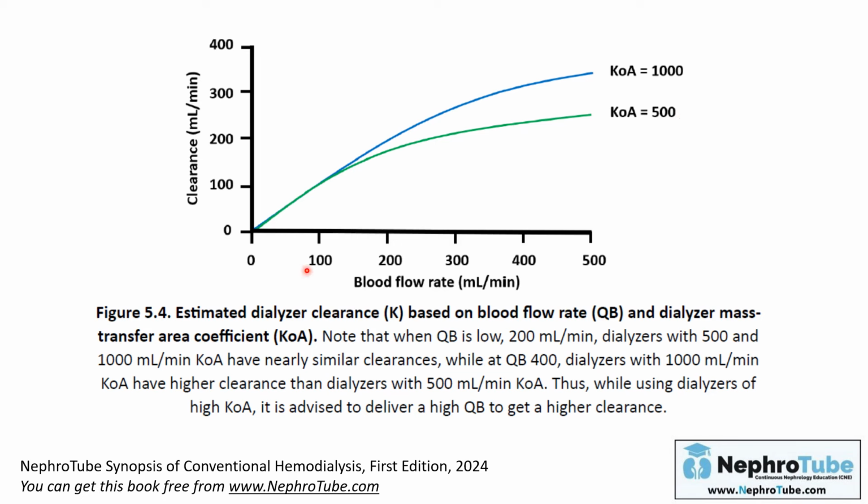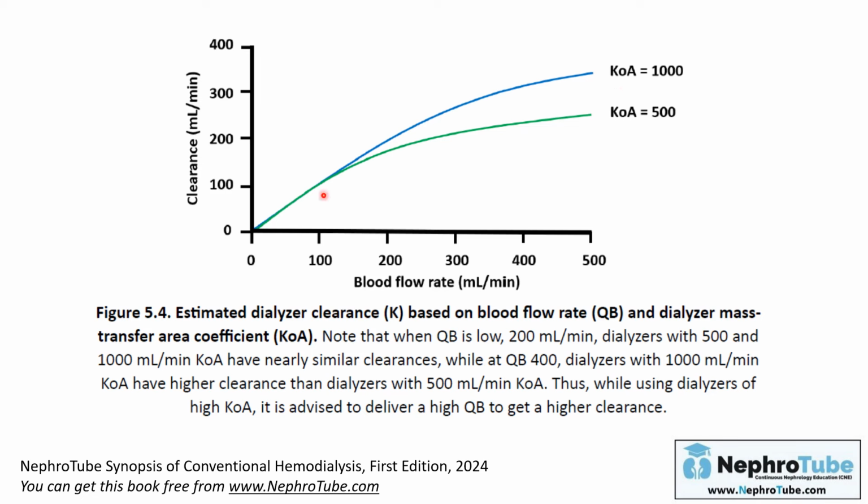In both dialyzers, you will find that with increasing the blood flow rate, the clearance will increase. But you have to know that at a blood flow rate of about 200 or 100, dialyzers with a mass transfer coefficient of 500 have nearly similar clearance to dialyzers with a mass transfer coefficient of 1000.